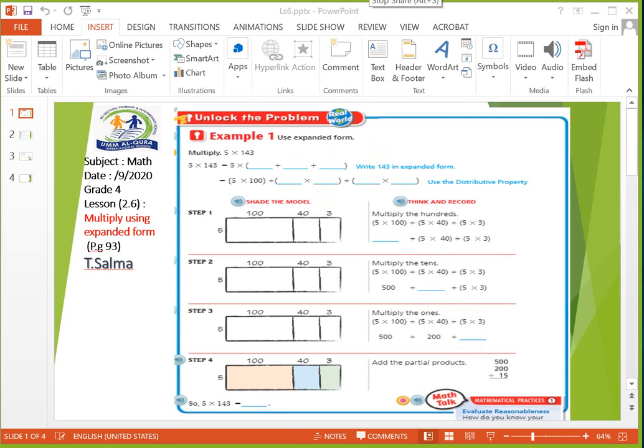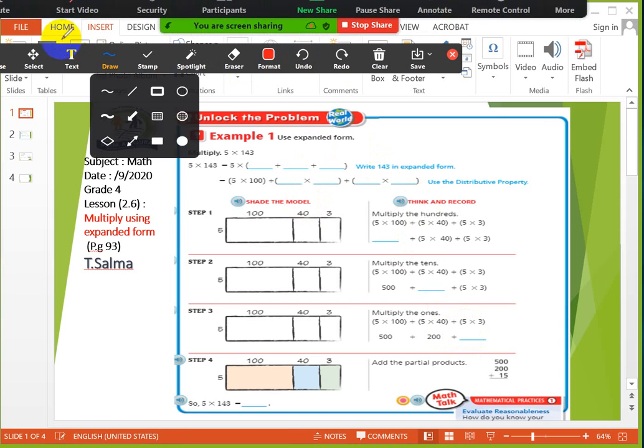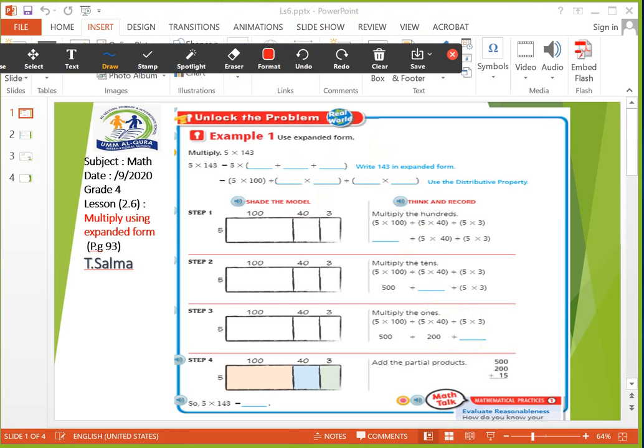Okay, girls, today we will use expanded form to find the multiplication. Okay, so today we will learn how to multiply by using expanded form.